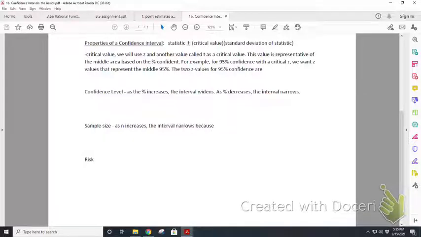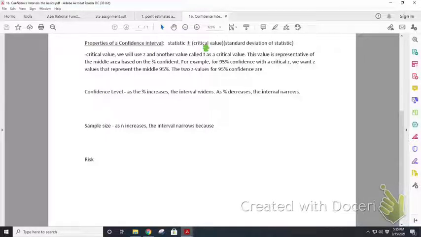So the critical value, we're only aware of z right now. Pretty soon we're going to be talking about t, but it works just like z.